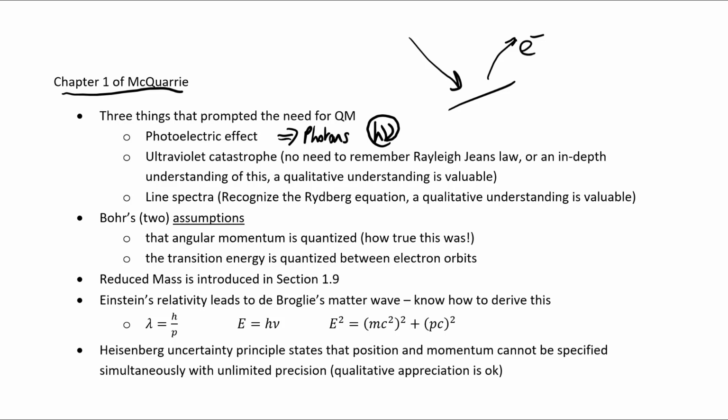The second thing that prompted the need for quantum mechanics was the ultraviolet catastrophe. So if we're thinking about future exams, we don't need to really think about the Rayleigh-Jeans law, which was proven to be incorrect or insufficient to describe black body radiation. But a qualitative understanding is valuable here.